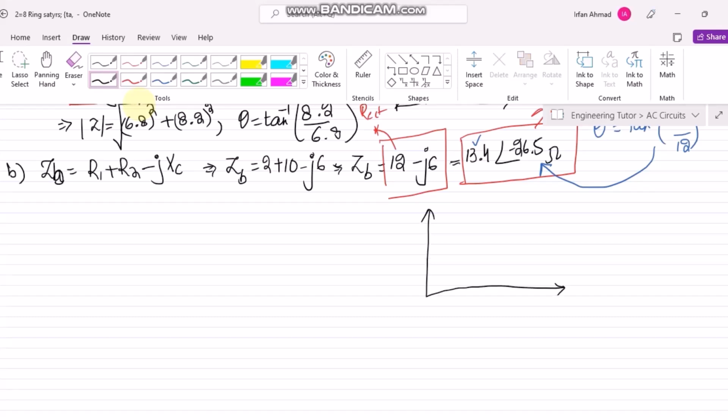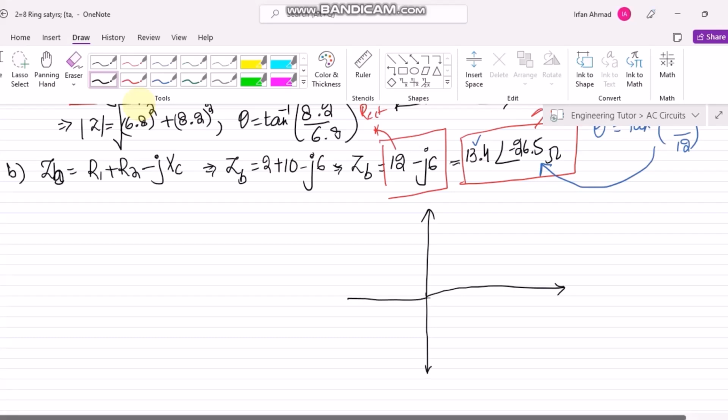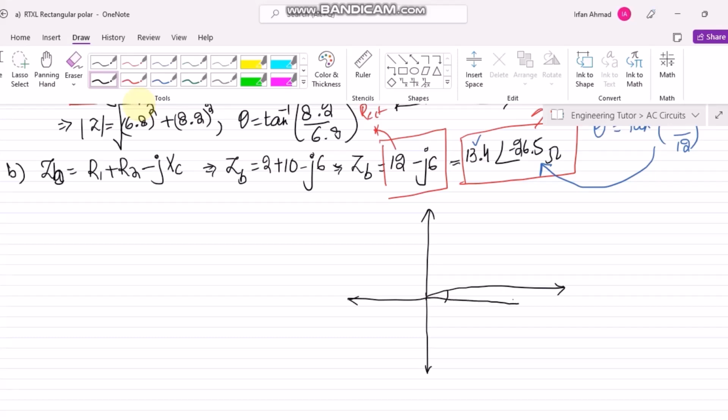It will be the minus 26.5. So, minus 26.5 is basically the clockwise angle. So, that angle would be somewhere here. And the angle it will make will be 26.5, while the magnitude here will be 13.4. So, that is the answer of part B.